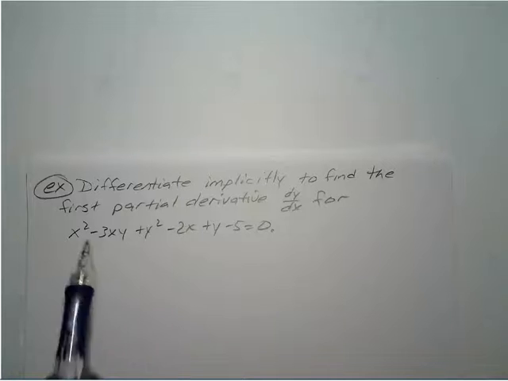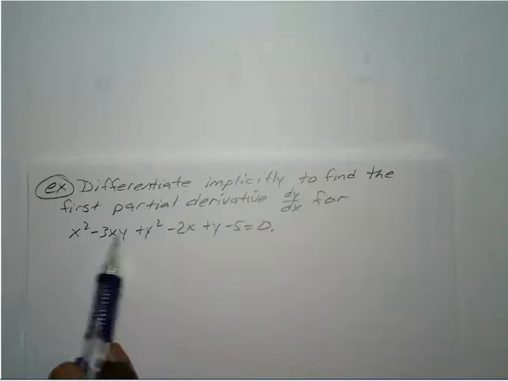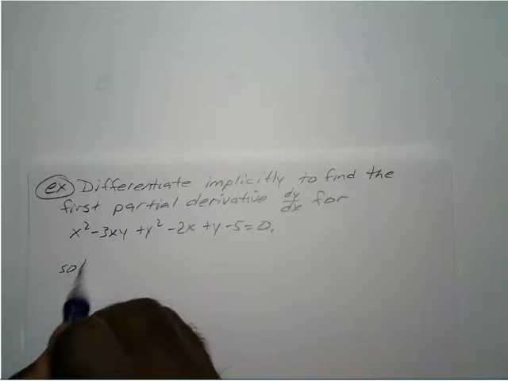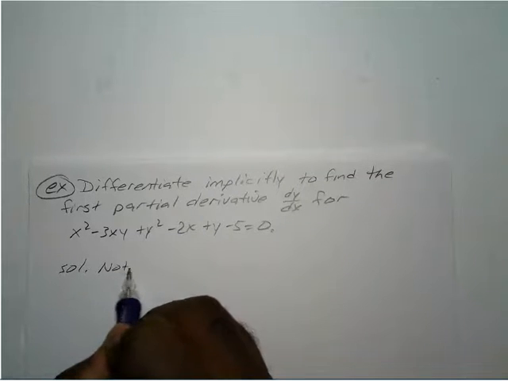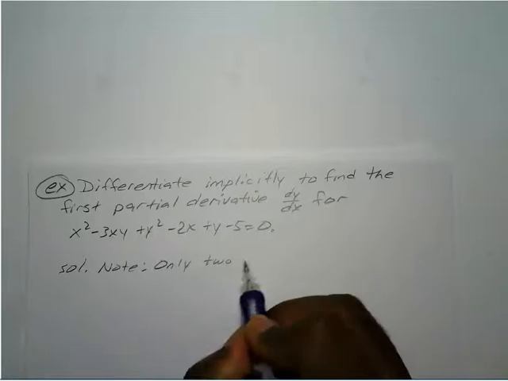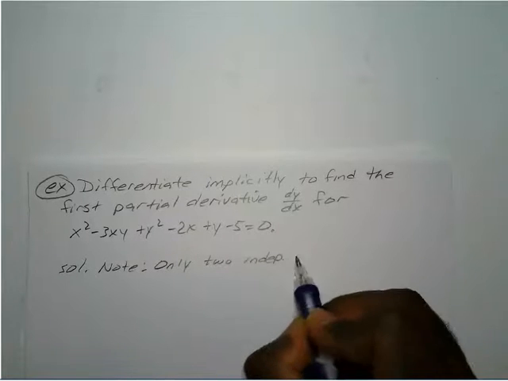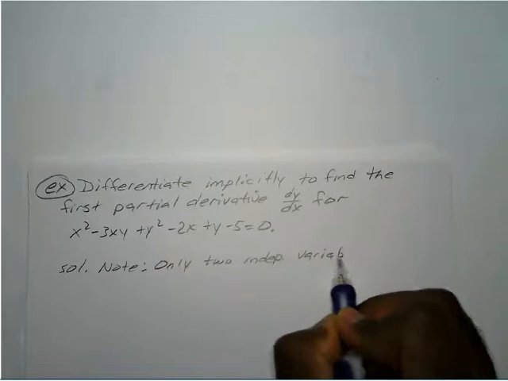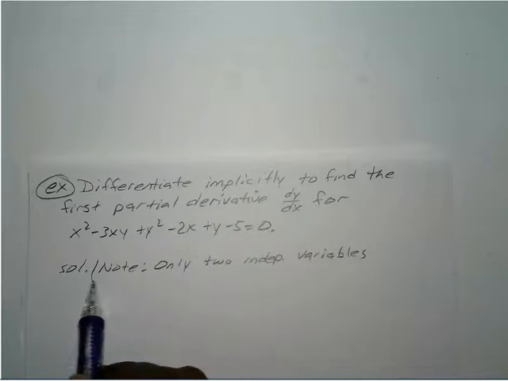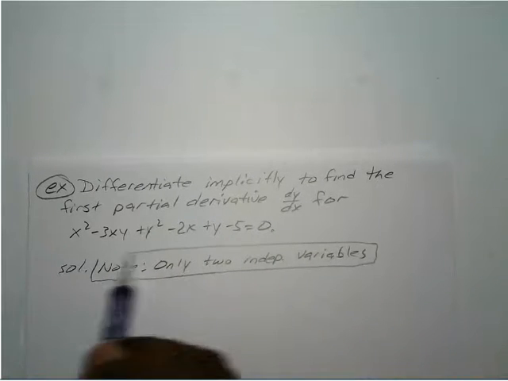Okay, so if you notice here, you only have two independent variables. You only have x and y. Just a little something to notice.